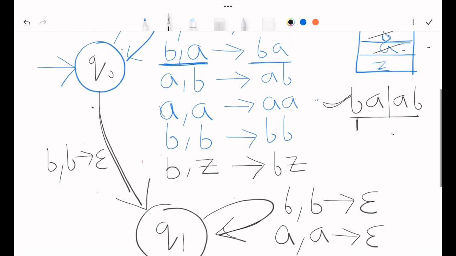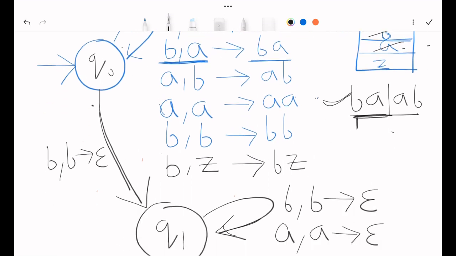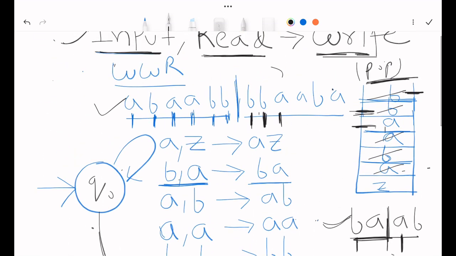Now here one question. Suppose this one reverse, okay, input symbol is A, top of the stack is also A. Suppose top of the stack is A, then I will pop. So this is the final. Now next, suppose there is no input, means you reached the final, you read all text and now you are at final.